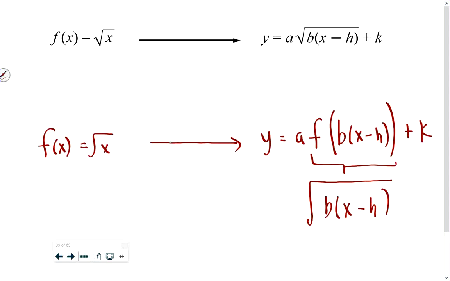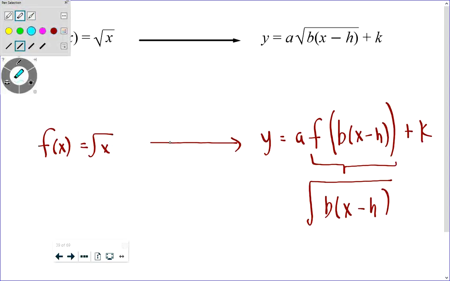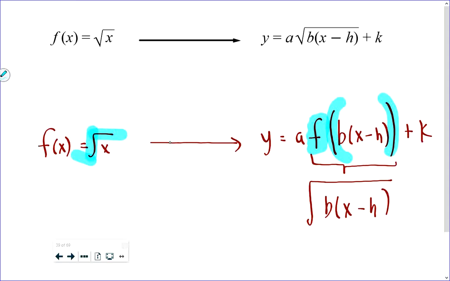Because in this question, or on this page, f of means take the square root of, because that's what f of x is. So all I'm doing is, it's just like if I said if f of x is root x, what's f of 3? You would say it's root 3. What's f of b times x minus h? The square root of b times x minus h. And then, of course, you have to multiply that by a and add the k.